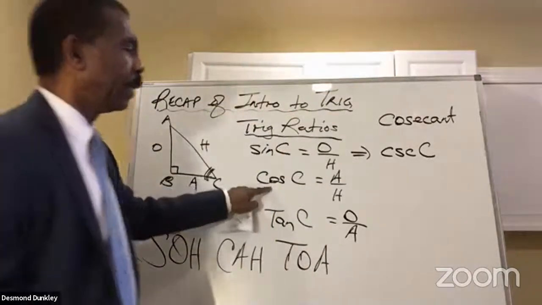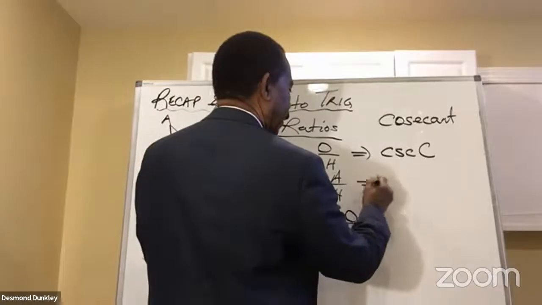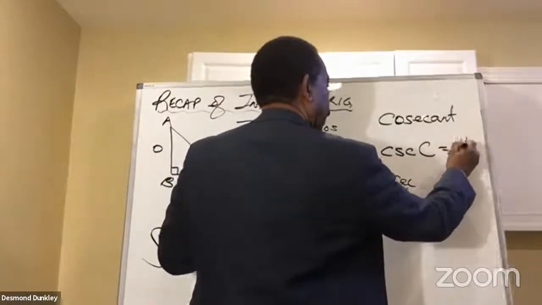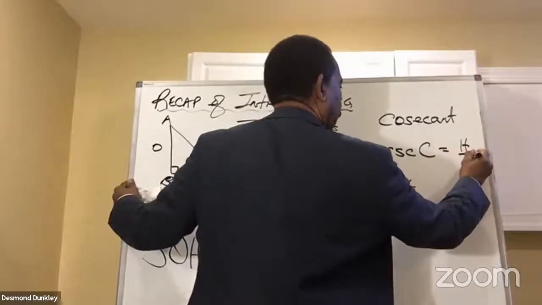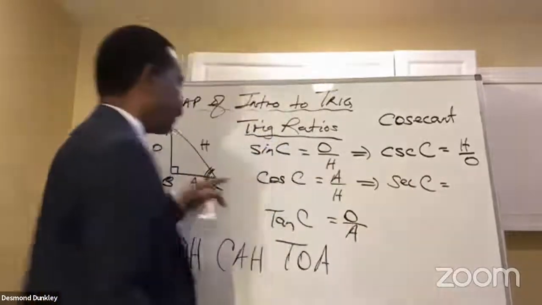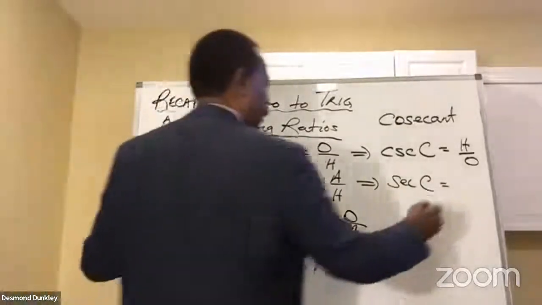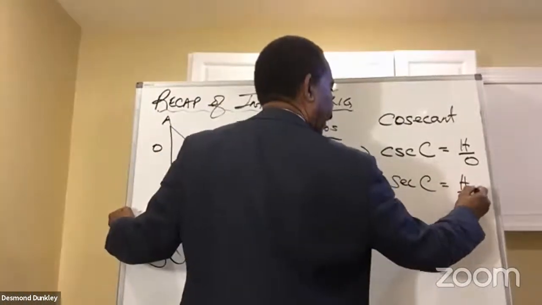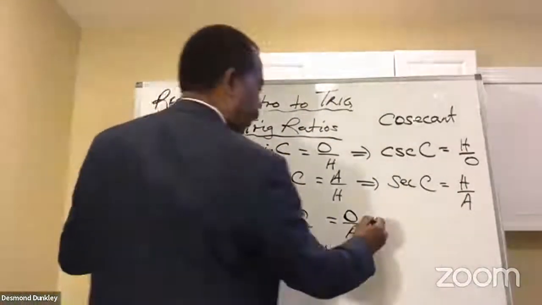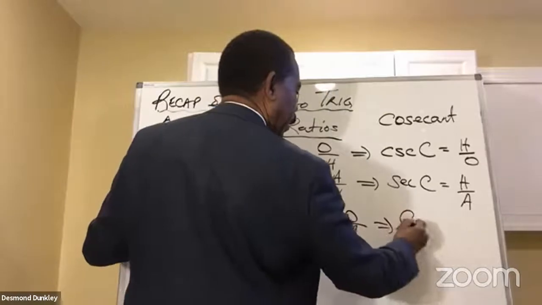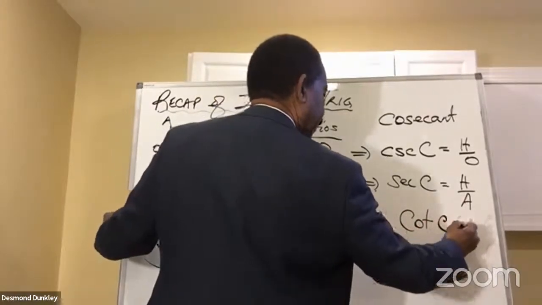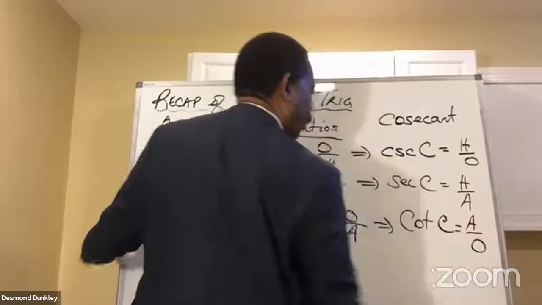And for cosine, we found out that secant of C is the reciprocal of cosine, which is H over A. And the reciprocal of tangent, we found out, was cotangent. Cotangent of angle C is going to be A over O.